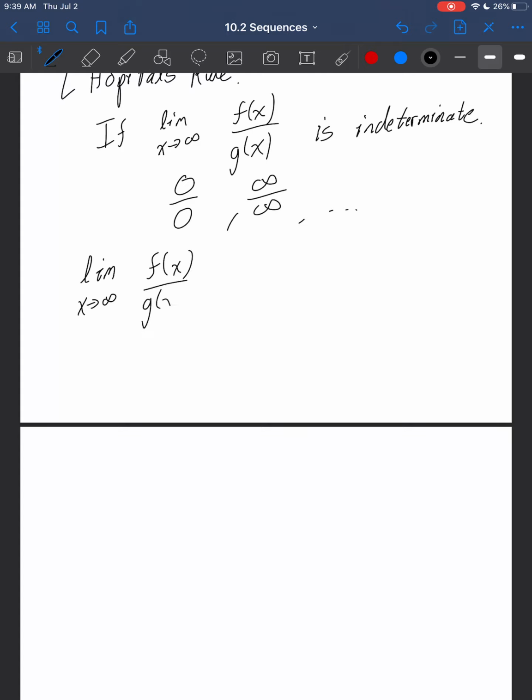So the limit as x goes to infinity of f of x over g of x is the limit of f prime of x over g prime of x. And this also works if this infinity here is a number instead of an infinity.